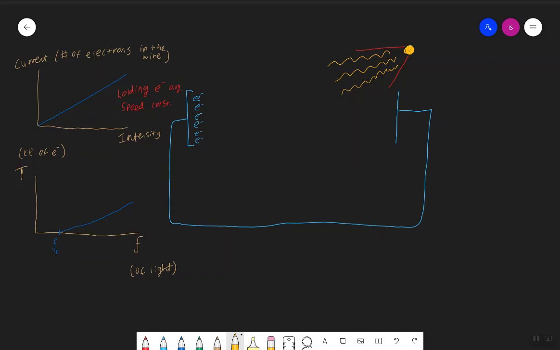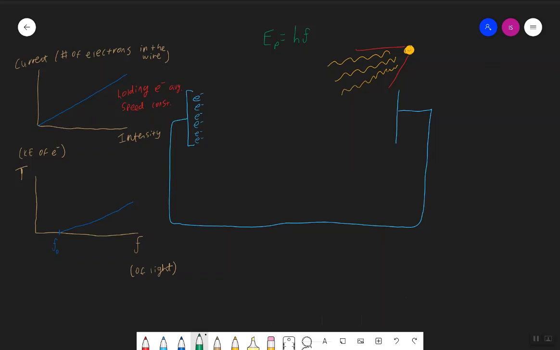And so Einstein said the energy of a photon is equal to h times the frequency of that photon, h being Planck's constant, about 6.63 times 10 to the negative 34th joule seconds.